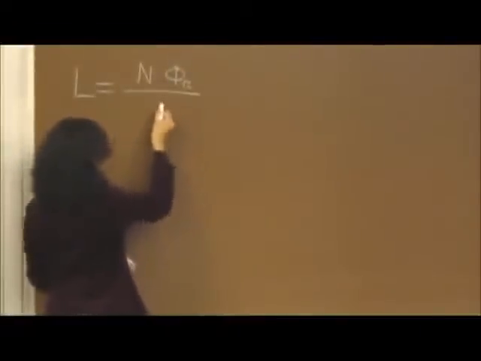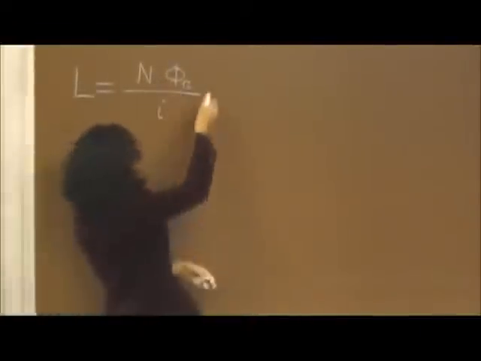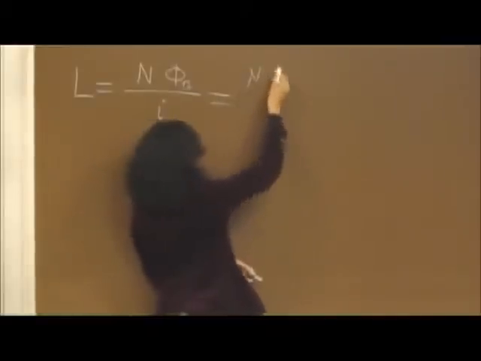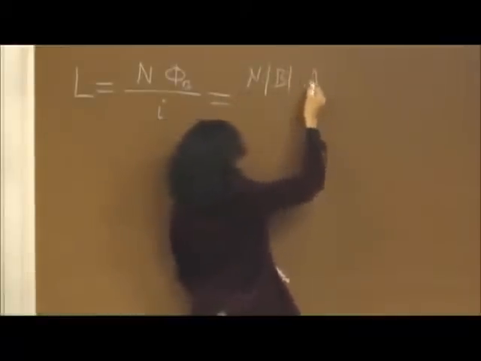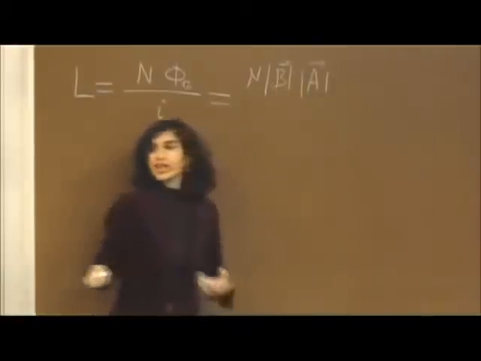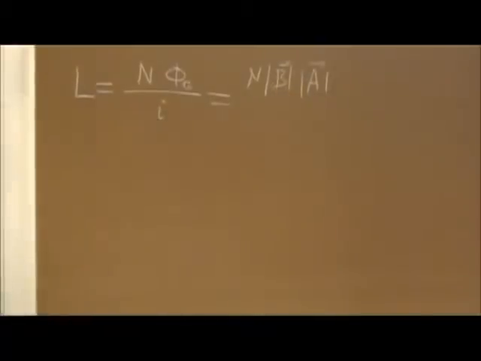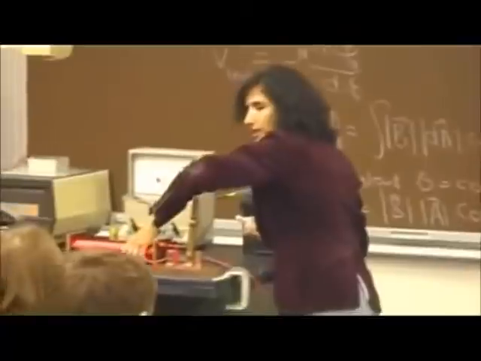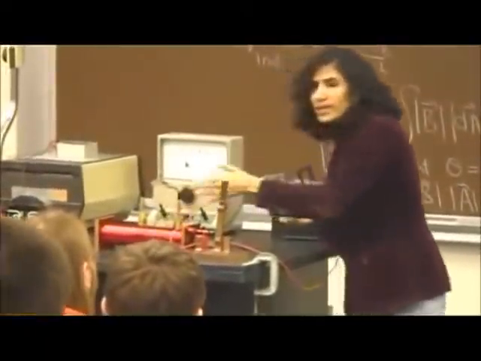We know from the definition of L, this should be N phi over I. What is phi of this solenoid? It should be the magnitude of B times the magnitude of A times cosine of the angle between B and A. If this is a solenoid, what would be the area?